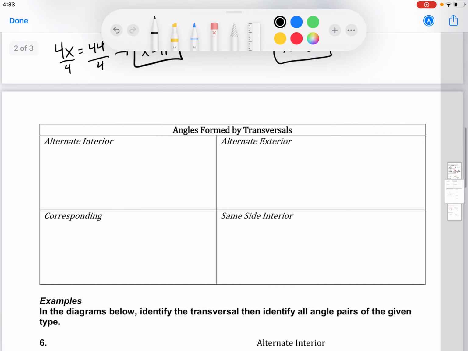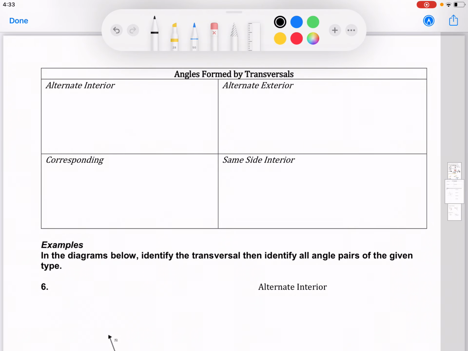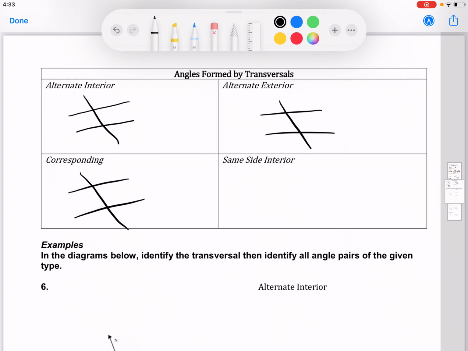So let's go on to just a few more types of angles. So alternate interior angles, I'm going to go ahead and just make little lines so that you can see what each one looks like. When we talk about a transversal, the transversal is the line that cuts through two other lines. So I'm highlighting the transversal for each one of these.